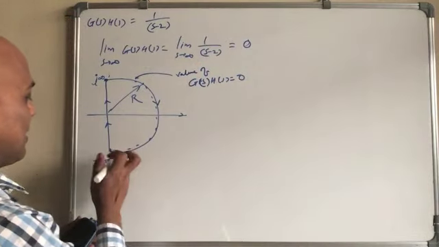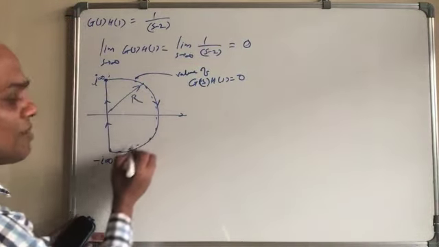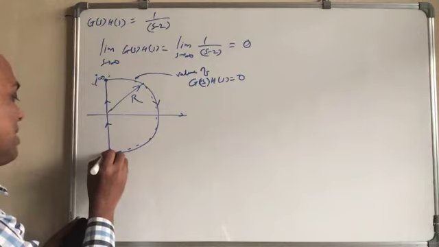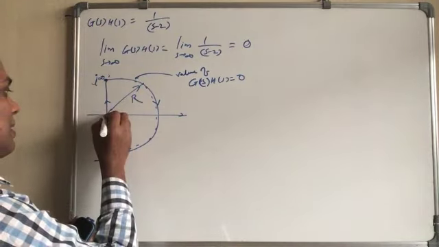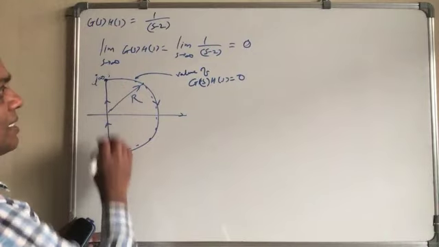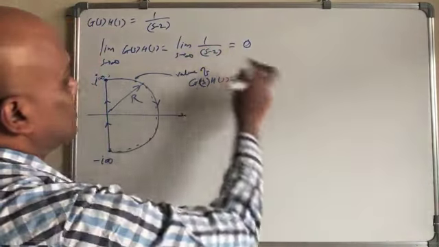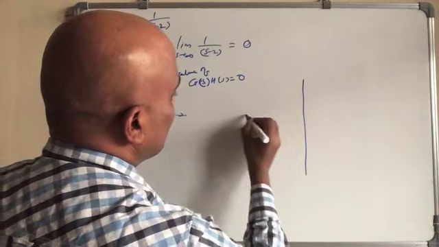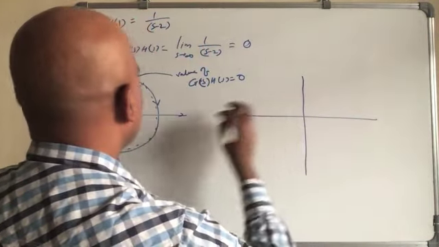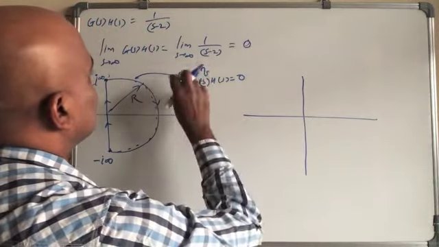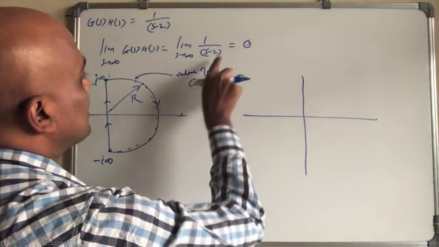From here to here, everywhere the value is 0, so of course the value is 0 here and here also. We only have to see how it is here, right? So if we go here, what do we find? This is infinity here.